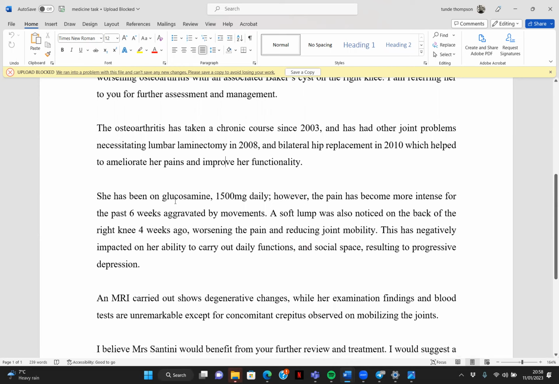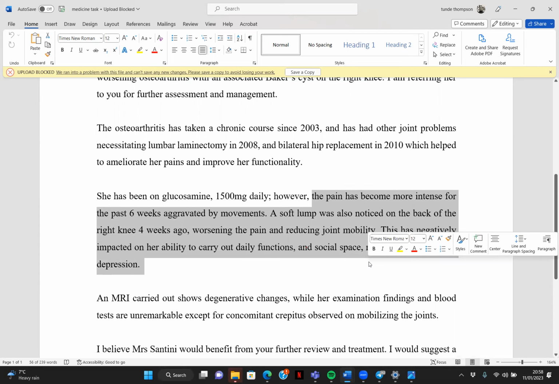She has been on glucosamine 1,500 milligrams daily. However, the pain has become more intense. Now, I'm going to the current situation, how the problem is affecting this patient currently.